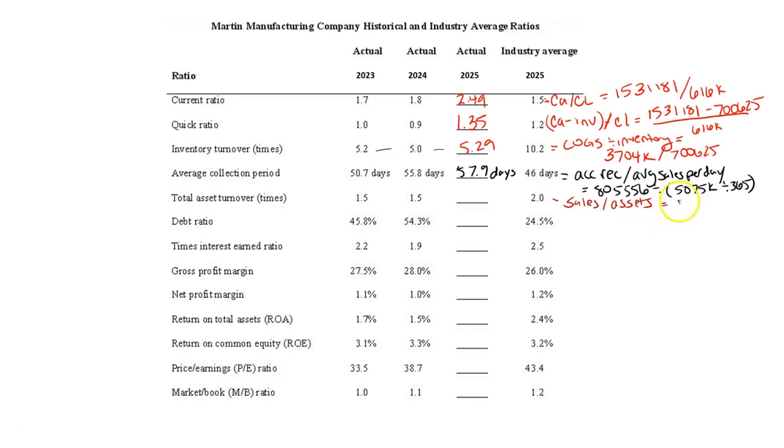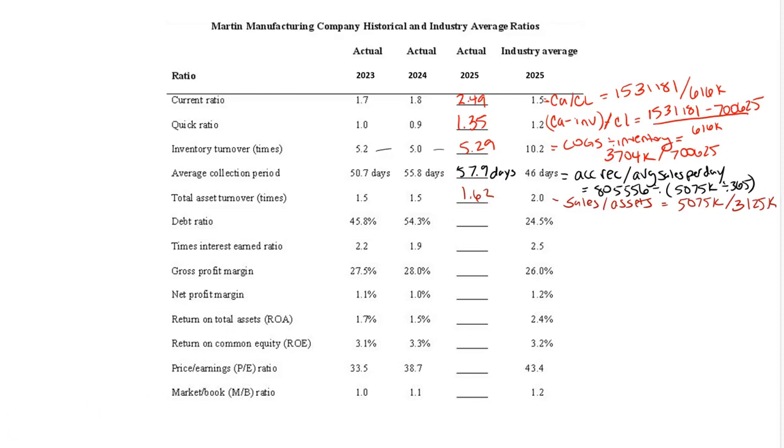So our sales of $5,075,000 divided by $3.125 million gives us a total asset turnover of 1.62.